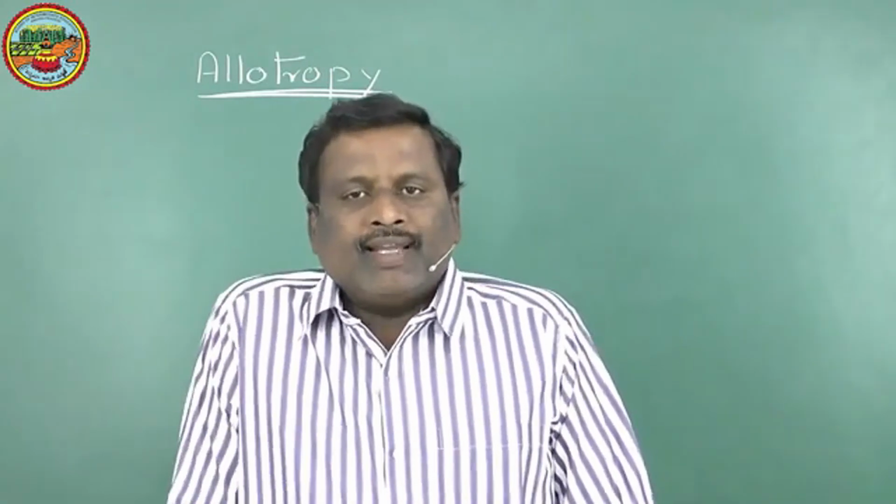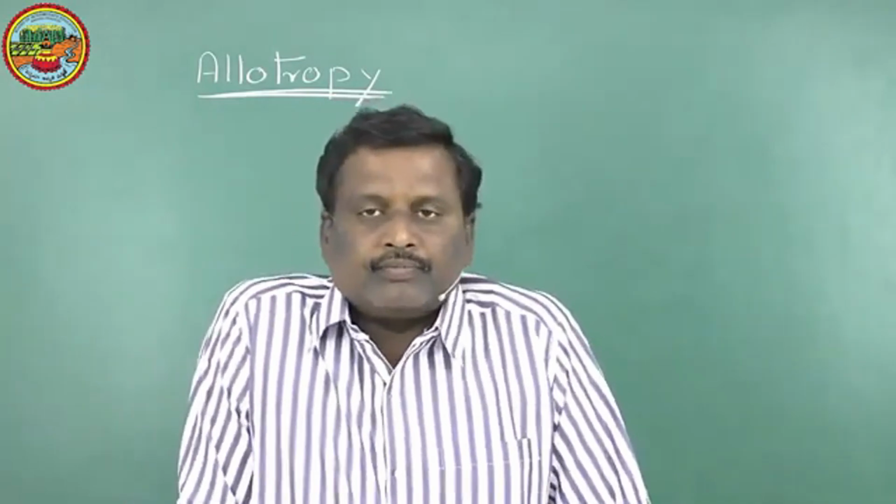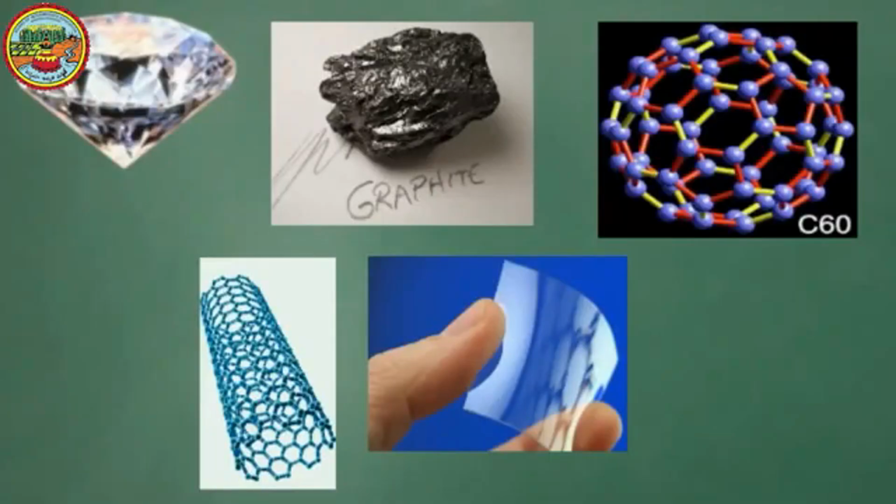You will say that they are different because one is diamond, the other one is graphite, the third one is fullerene, and the fourth one is graphene.